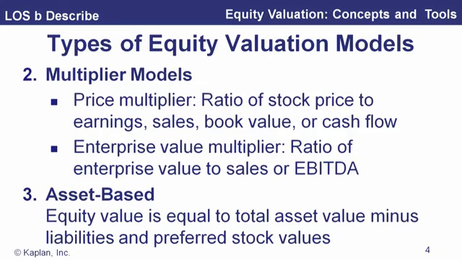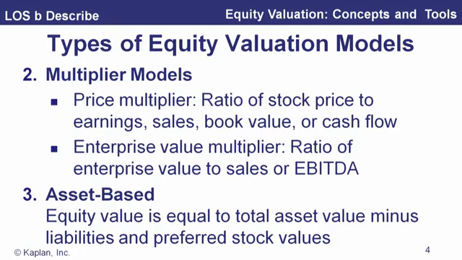We could also look at an enterprise value multiplier, which is the ratio of its enterprise value, which we'll define here shortly, to sales, or to EBITDA, earnings before interest, taxes, depreciation, and amortization.